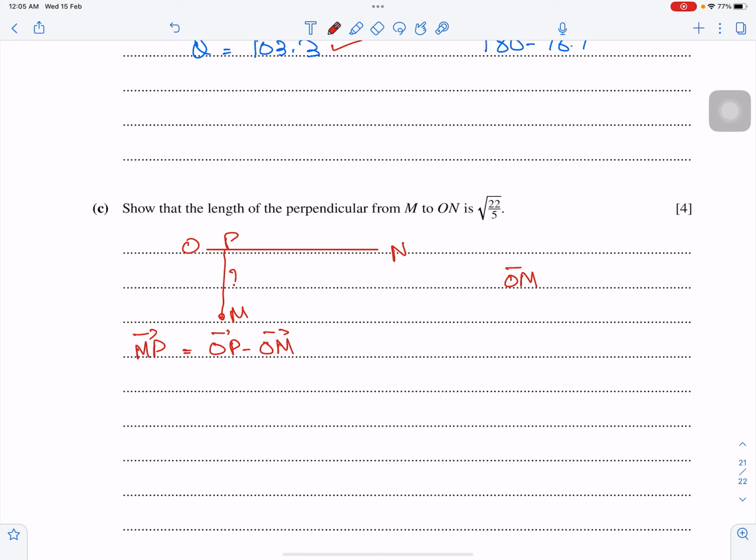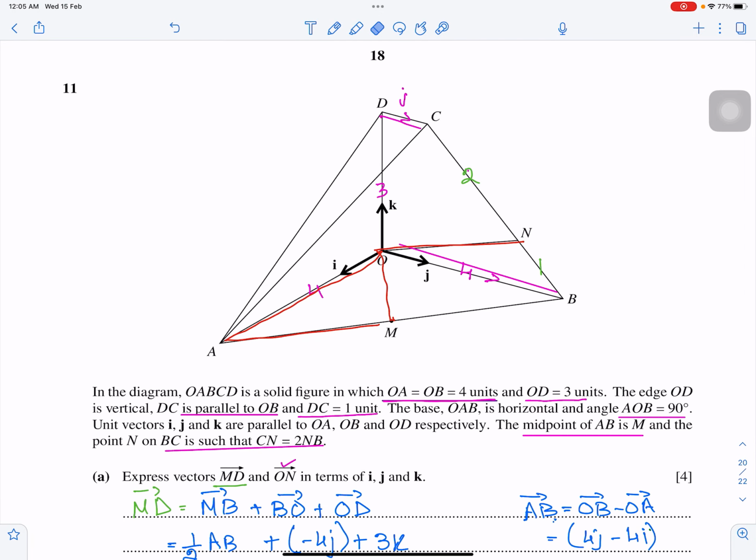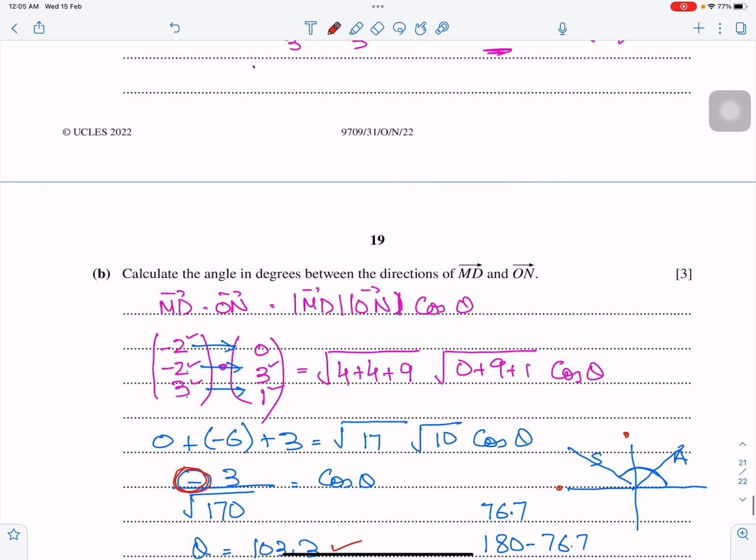So OM is equal to OA plus AM, and OA is equal to 4I, you can see here, and sorry, it is erased. This is equal to 4I, okay, and AM is half of AB.